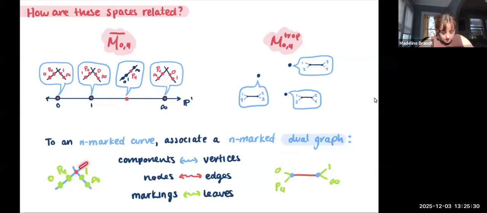I take the components, like these two blue components, and those become vertices of my graph. Wherever I have a node between two components, that makes an edge in the graph. And the markings turn into leaves in the graph. So this is a way to take one of these stick drawings and get a graph out of it.